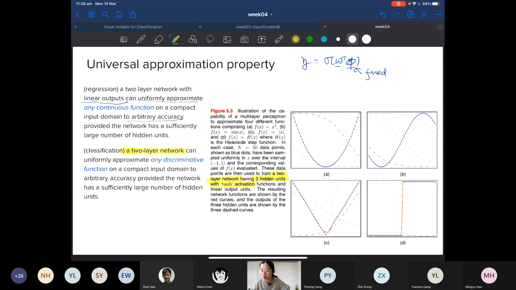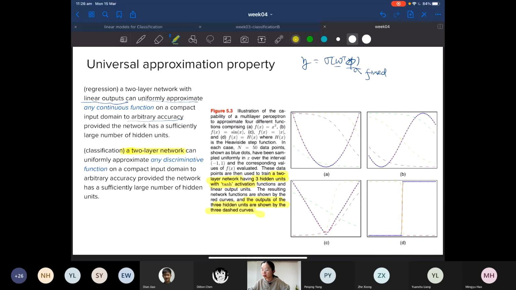Moreover, it shows the hidden units; the outputs of the hidden units are shown by the 3 dashed curves. Basically, if the 3 dashed curves are learned, then their linear combination can learn the target function, which is quite amazing.